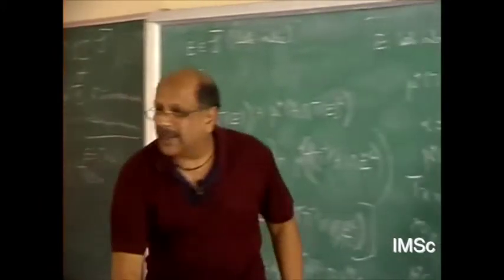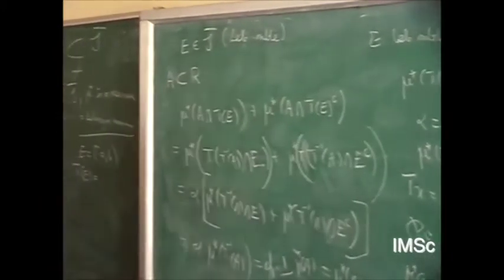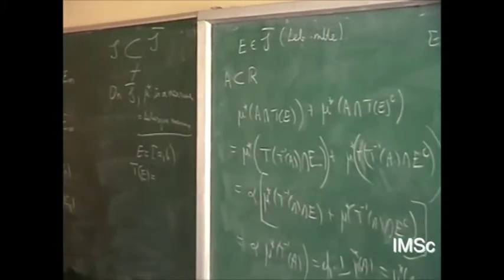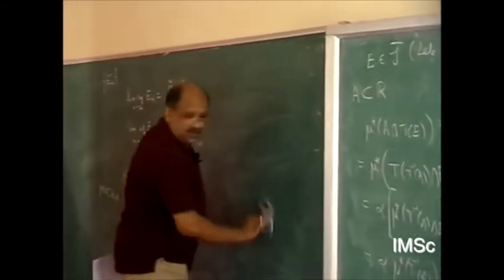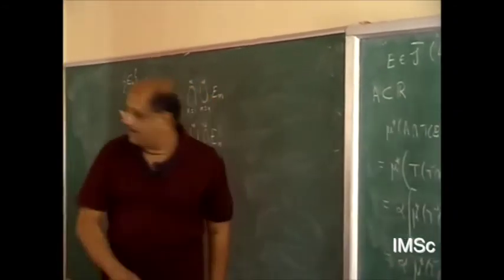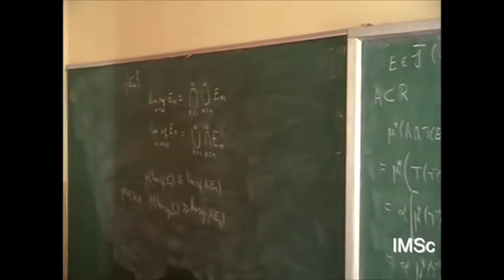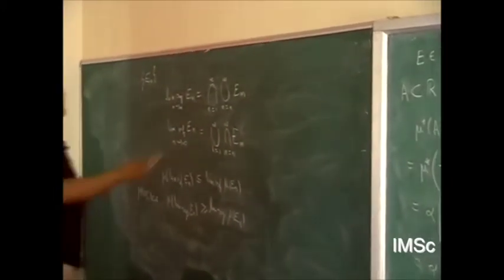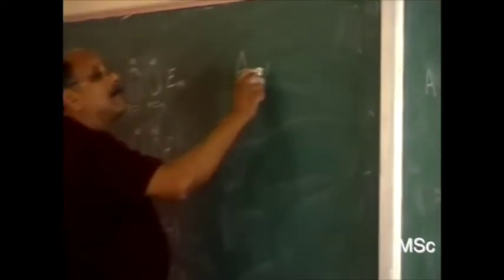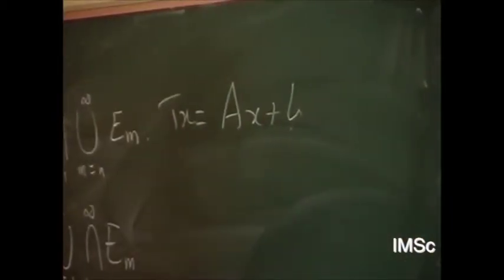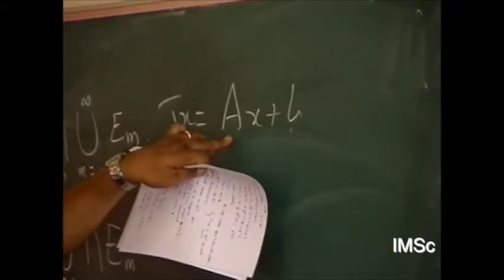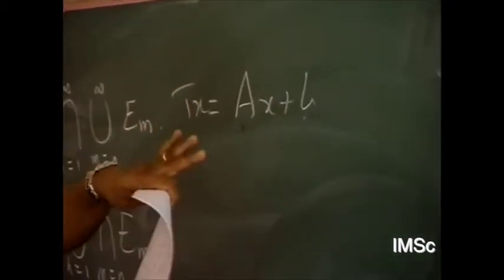Now in the one-dimensional case, we have this alpha. In the n-dimensional case, an affine linear map is of the following form. I took A equals identity for the translation.